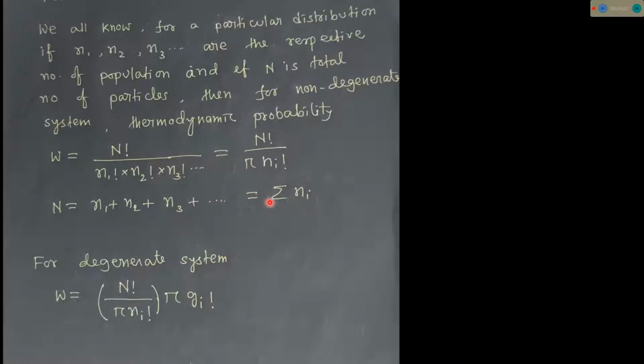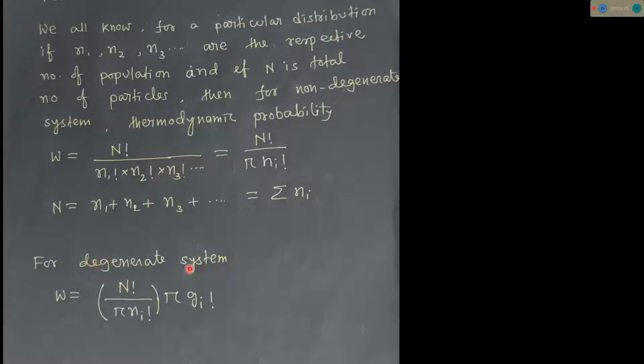Normally for summation we write capital sigma, and for multiplication we write capital pi of ni factorial, which means n1 factorial into n2 factorial into n3 factorial, and so on.